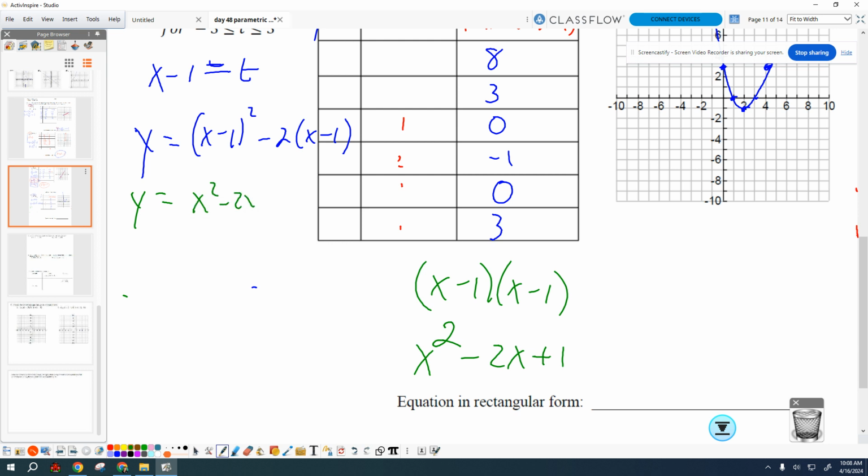And then you combine that, and you get x squared minus 2x. Negative 2 times negative 1 is positive 2, so plus 2.